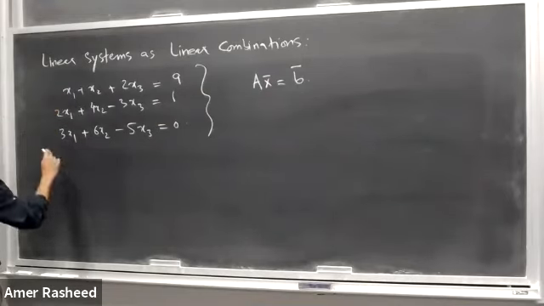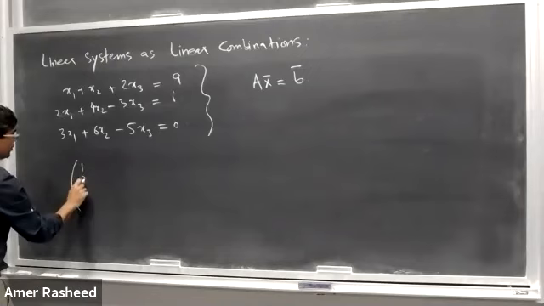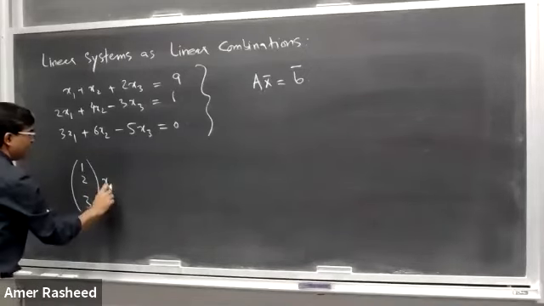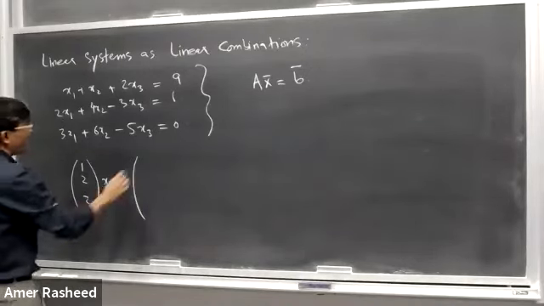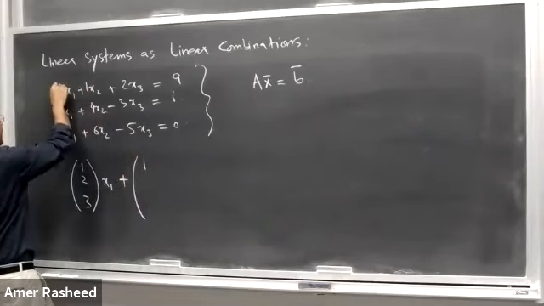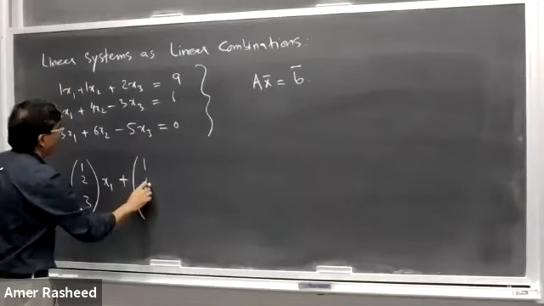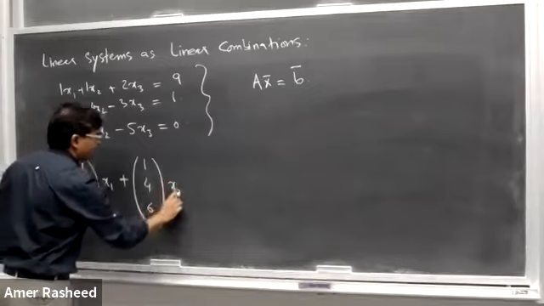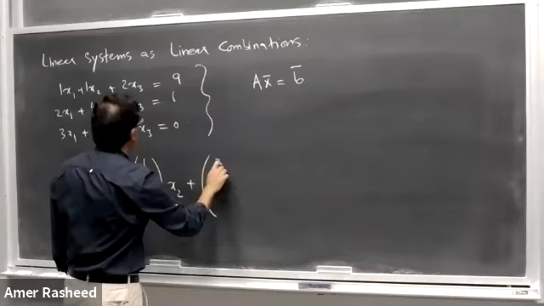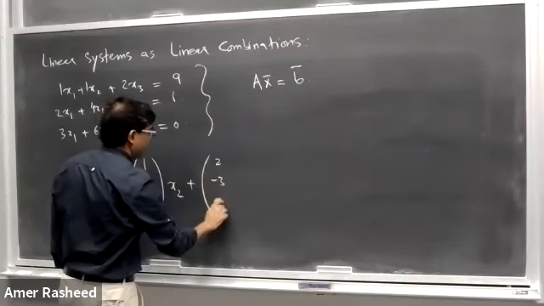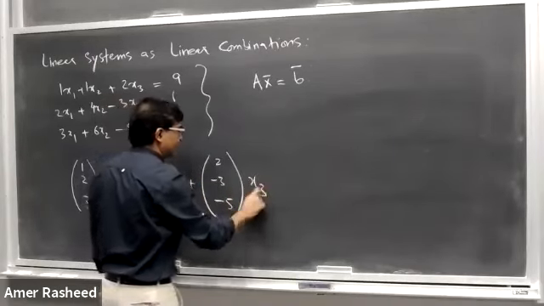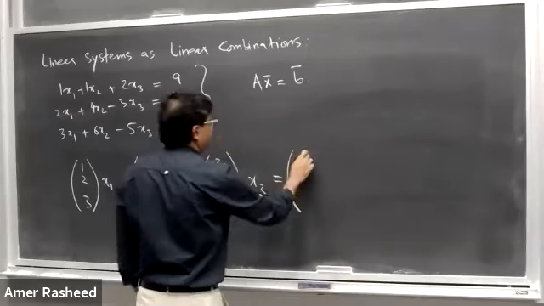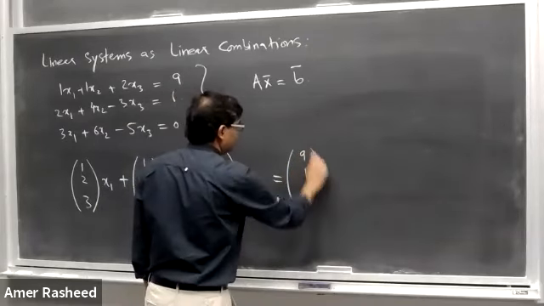Can I write this as 1, 2, 3 times x1 plus 1, 4, 6 times x2 plus 2, -3, -5 times x3 is equal to 9, 1, 0?